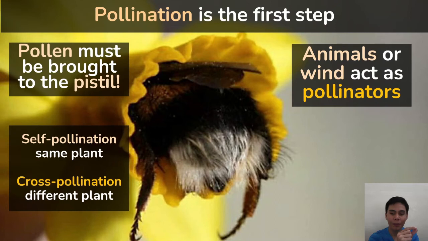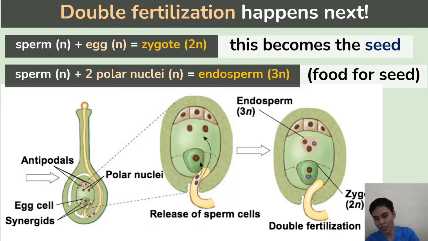So if the pollen is coming from the same plant but going to a different flower, it's still self-pollination. So double fertilization is what happens in plants. So what happens is that the male gametophyte combines with the female gametophyte, sperm and egg, creating a zygote, but there's also two polar nuclei. So if you remember your spermatogenesis and oogenesis, hopefully you remember that.